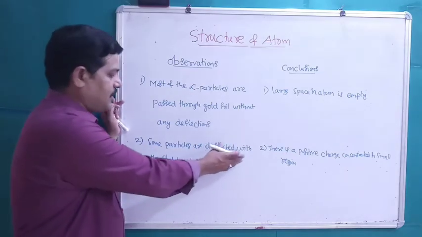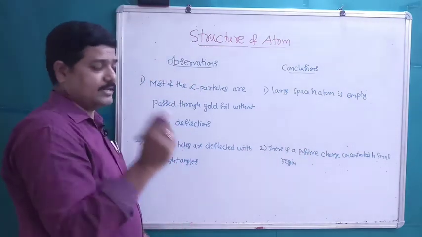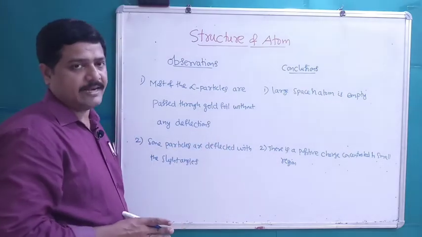Some particles deflected with slight angles means there is a positive charge concentrated in a very small region. That is the reason why some of the particles are deflected with slight angles.